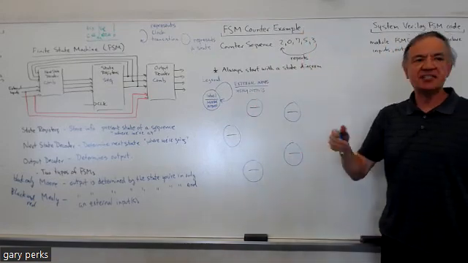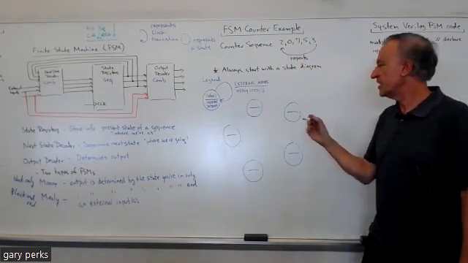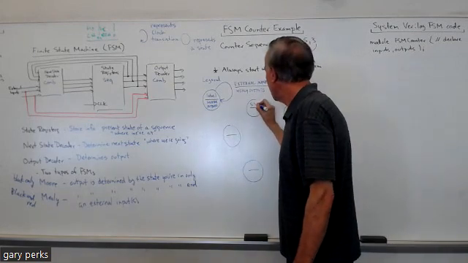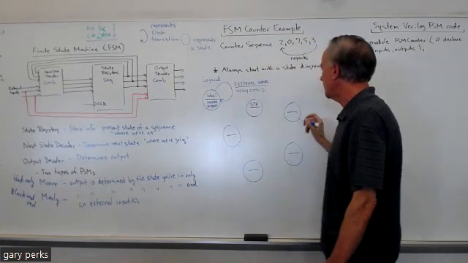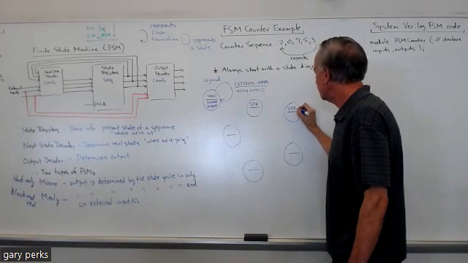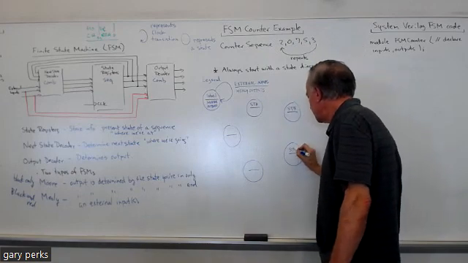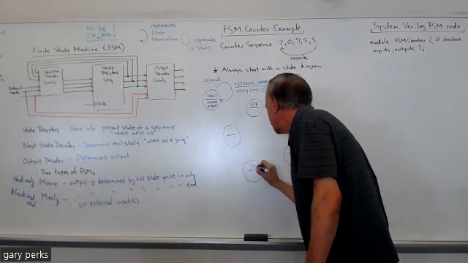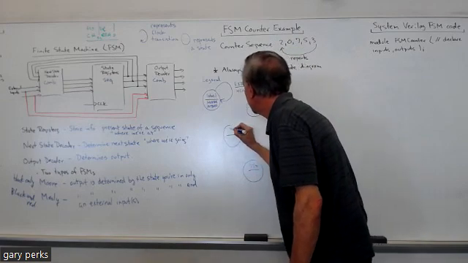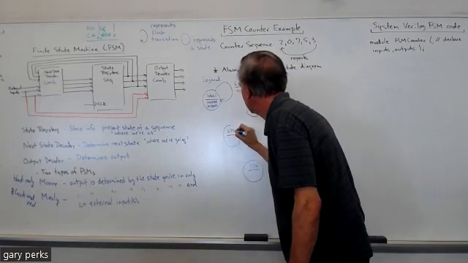I'm going to label these states: this is state A, state B, state C, state D, and state E.